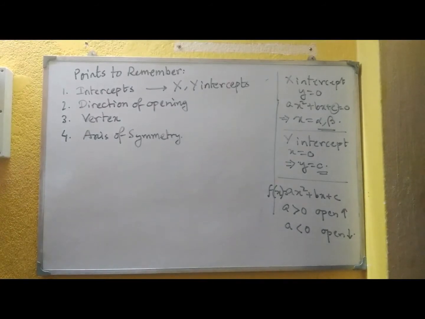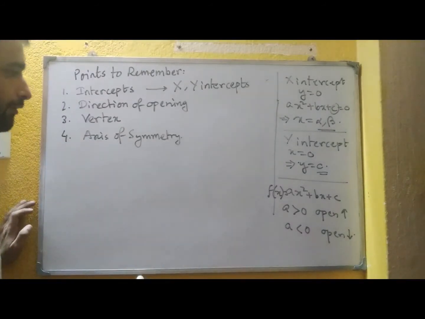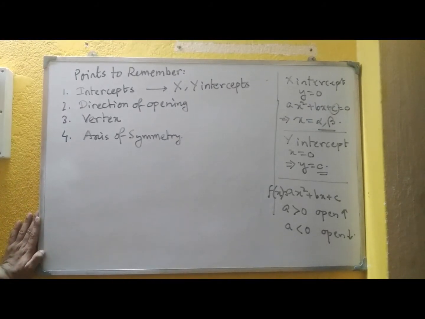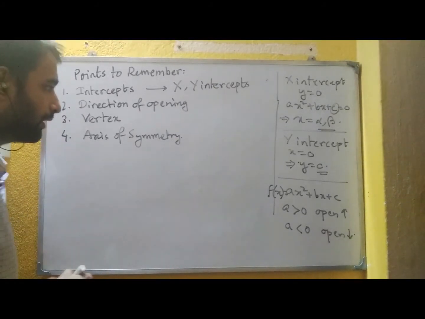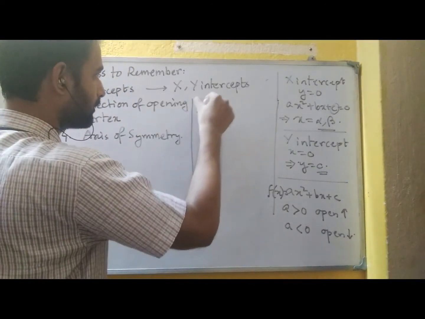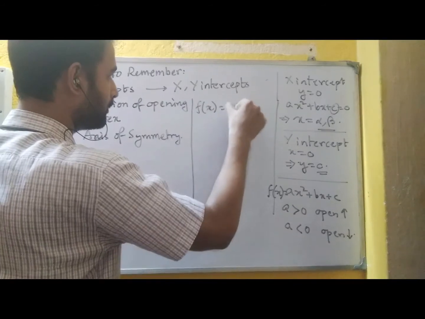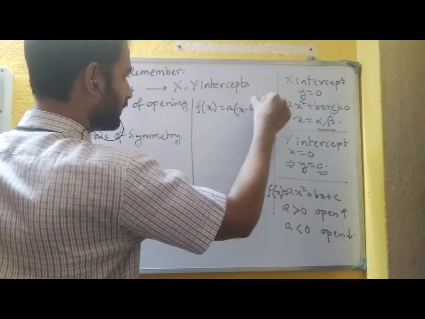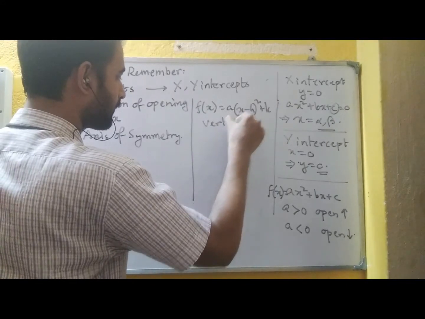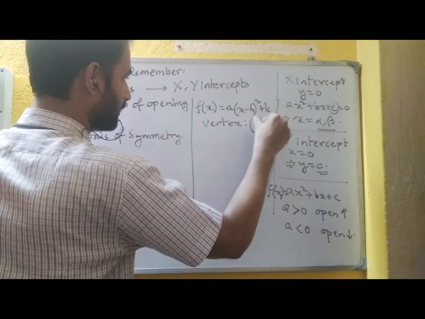So next is the vertex. Vertex is the point where we are getting either the maximum value or the minimum value. And if you express the quadratic in this form, (x minus h) whole square plus k, then the vertex becomes (h, k).